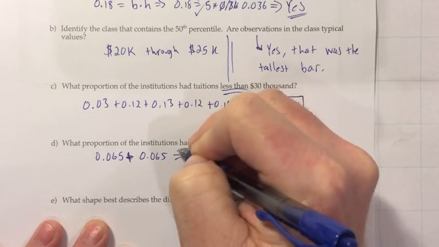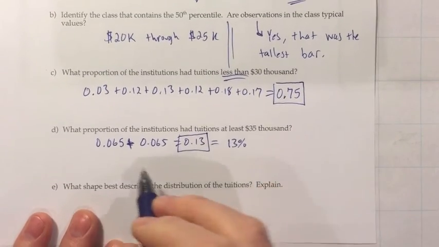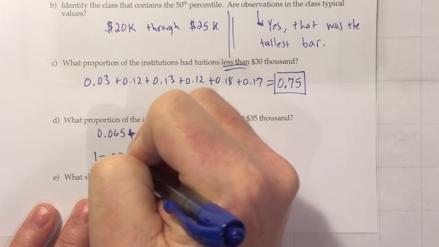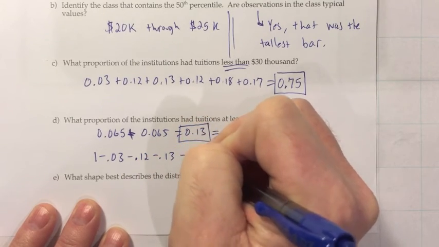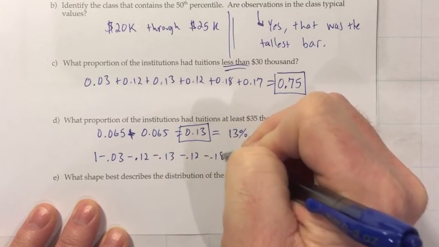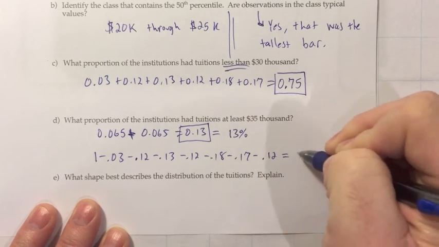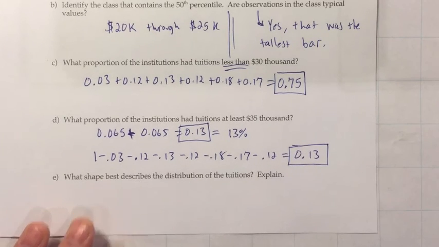They said proportion, so that should be my answer. But what I really did to get that is I did 1 minus the 0.03, the 0.12, the 0.13, the 0.12, the 0.18, the 0.17, and the 0.12. When I subtracted all those from 1, I got the 0.13.